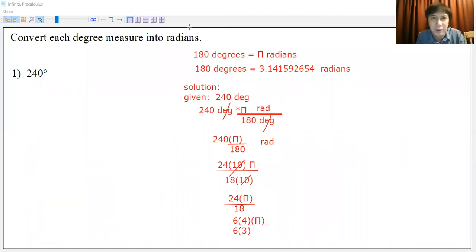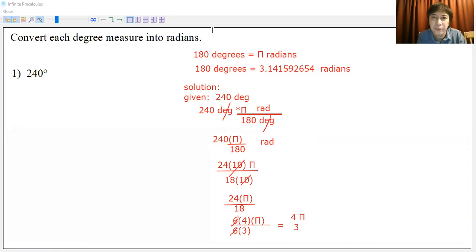Cancel the 6, cancel the 6. And finally, we have the answer: 4 pi over 3. So our final answer is equal to 4 pi over 3.